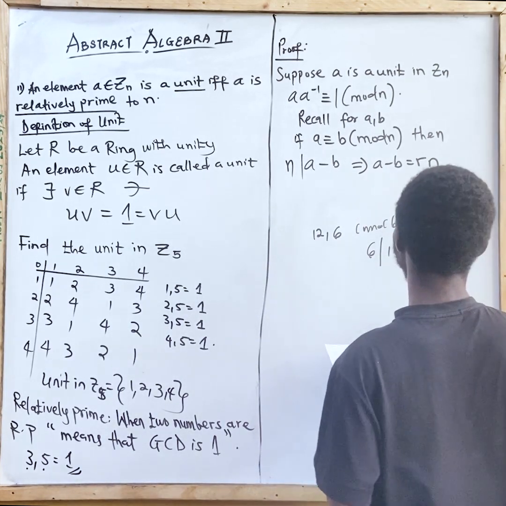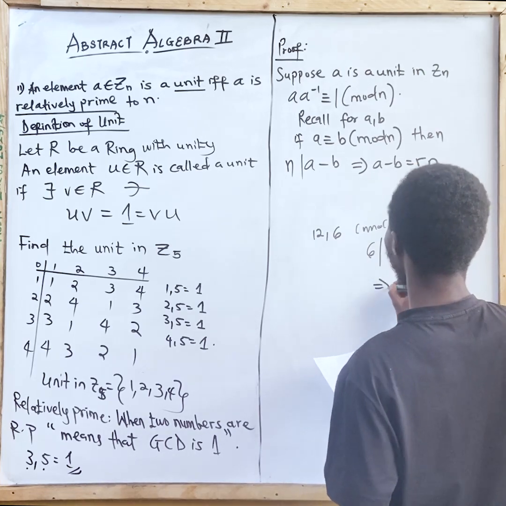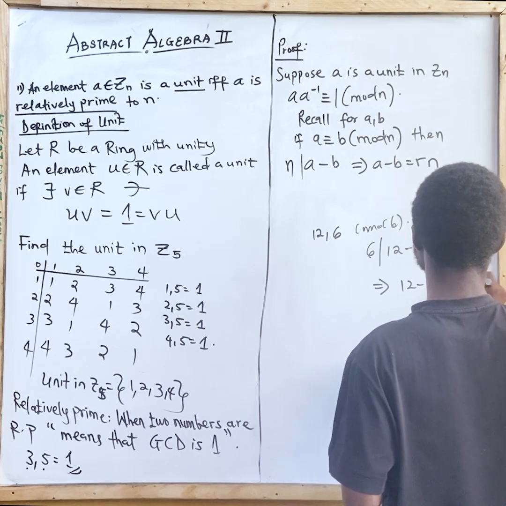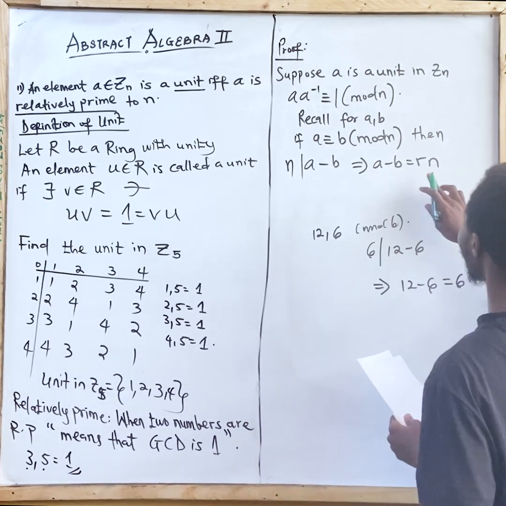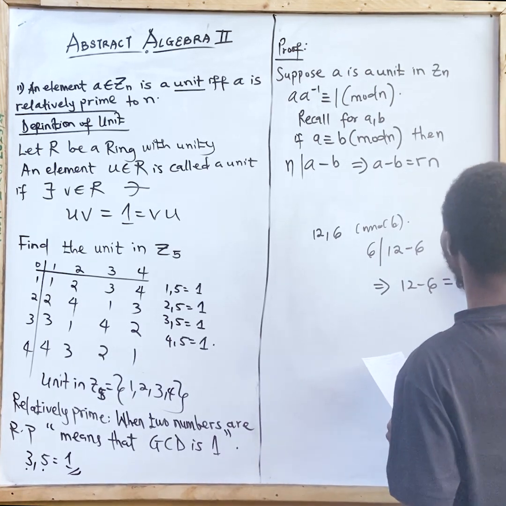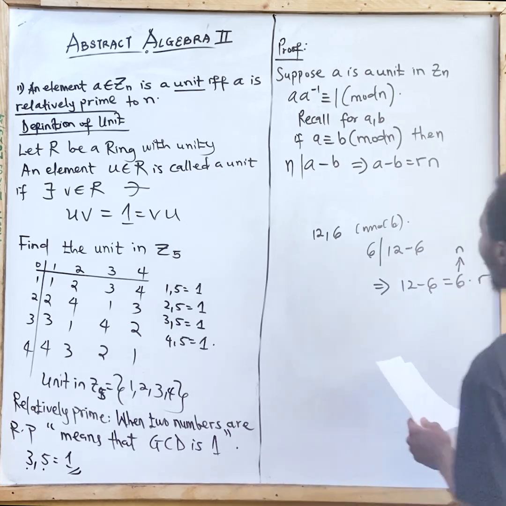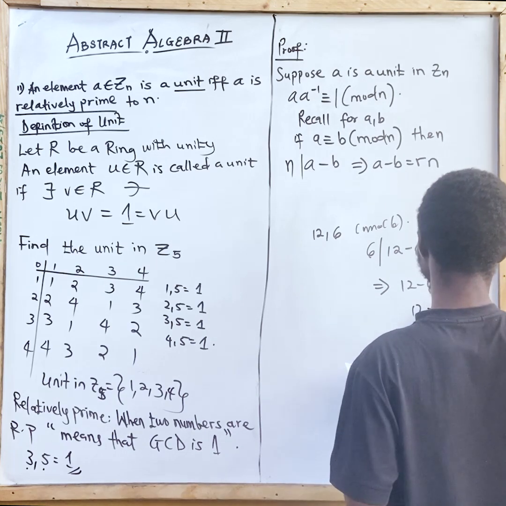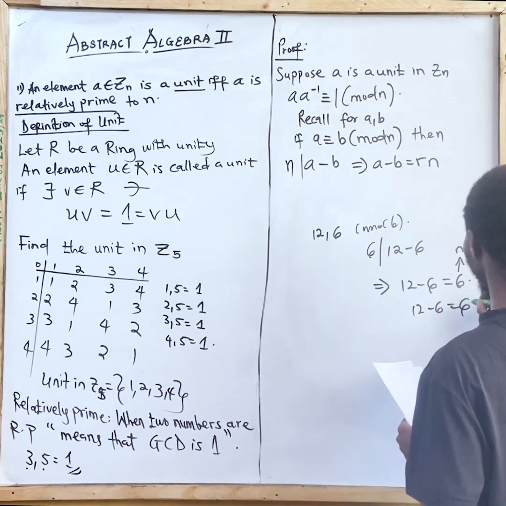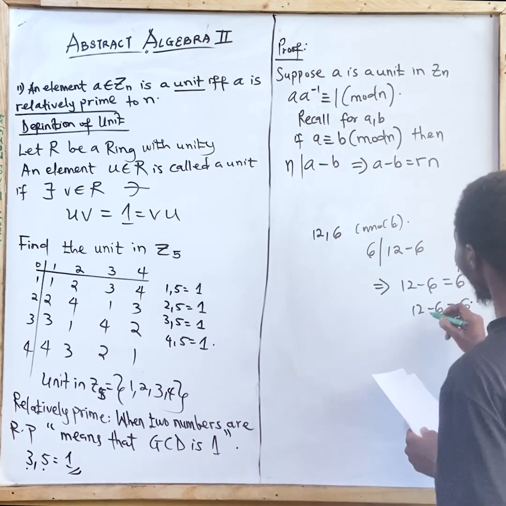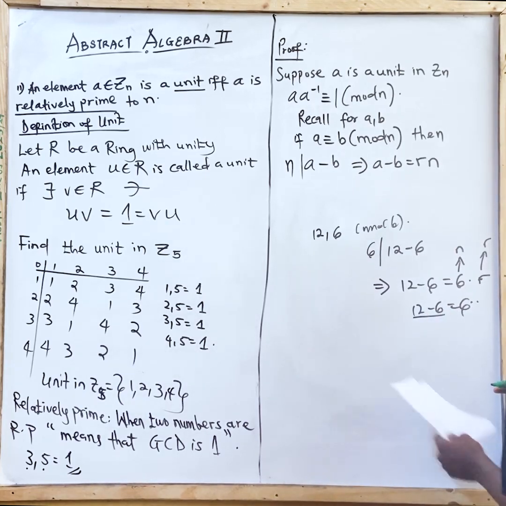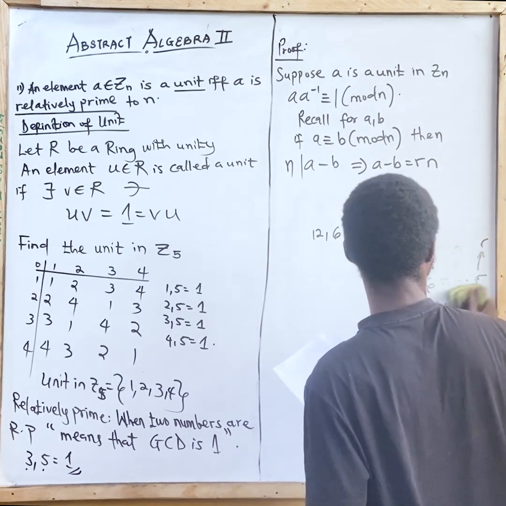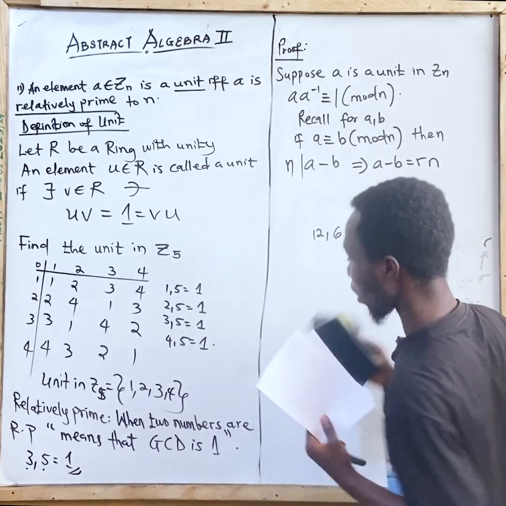And basically what that means is that 12 minus 6 equals 6 times something. That's the R I'm putting. This 6 is my n, and this is my R. So 6 times something, which is my R, will give me my value for 12 minus 6. That's basically what this means.